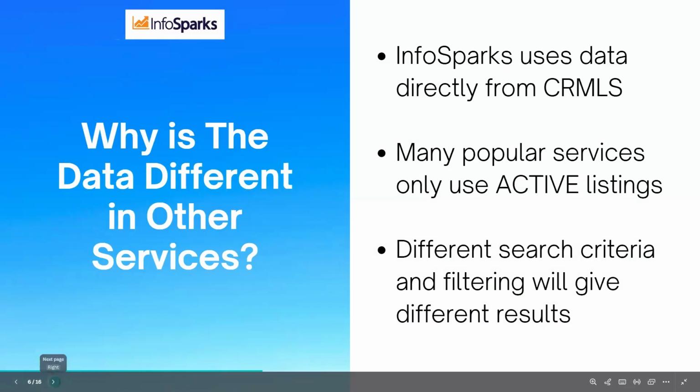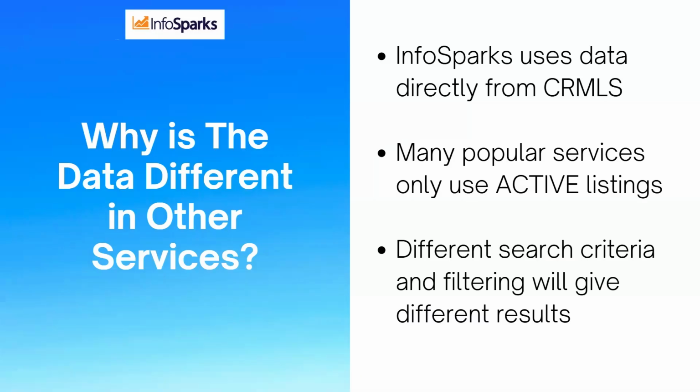A lot of the other services out there that present market statistics and market information tend to use just strictly active listing data. Altos Research is one that is pretty popular.